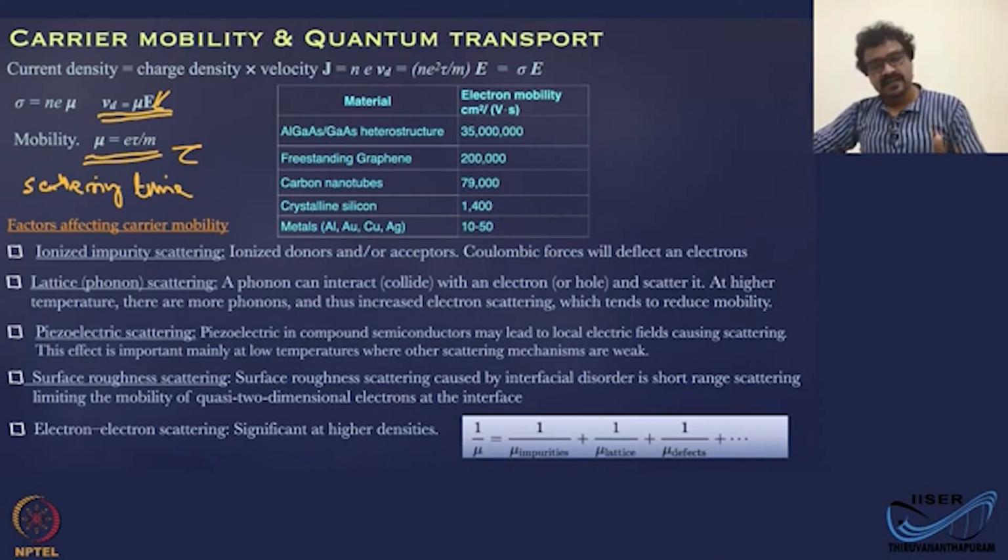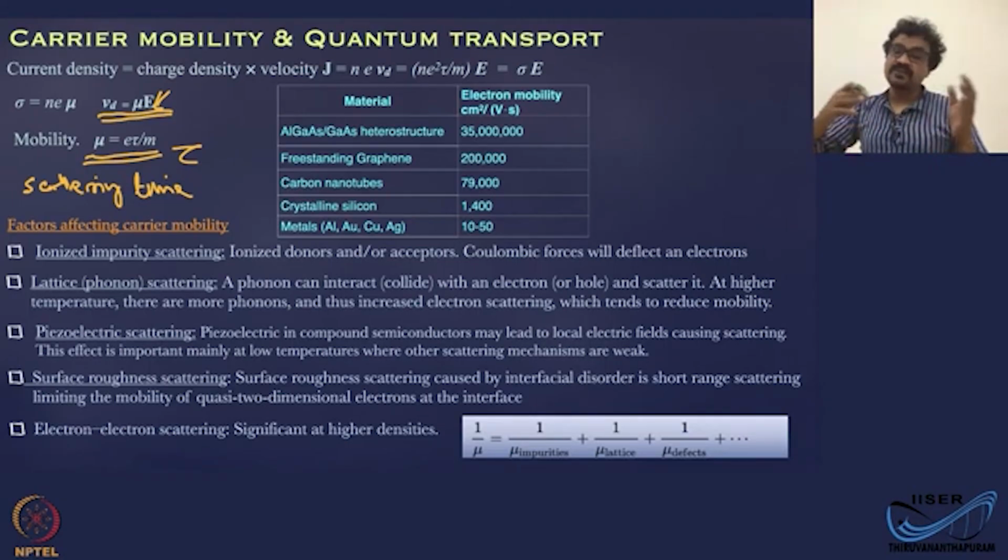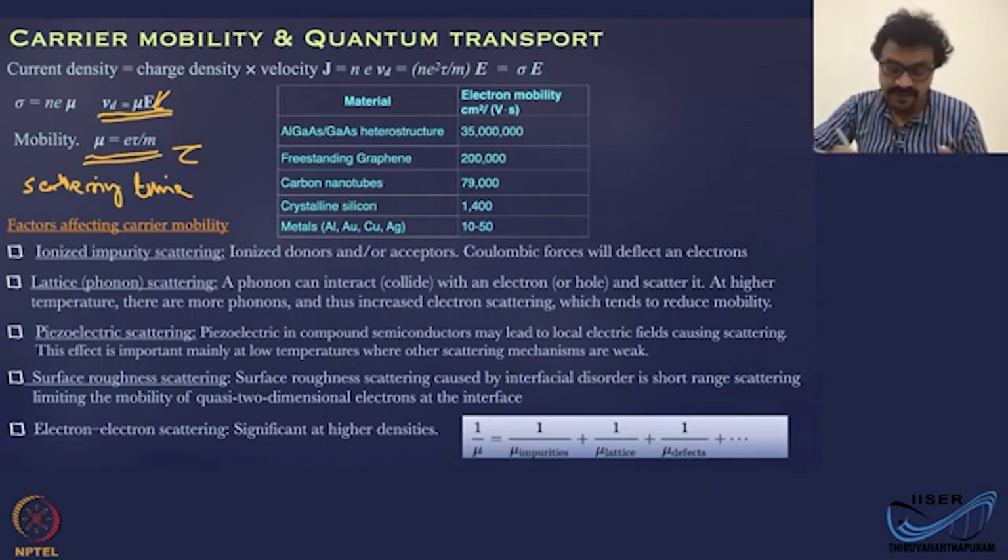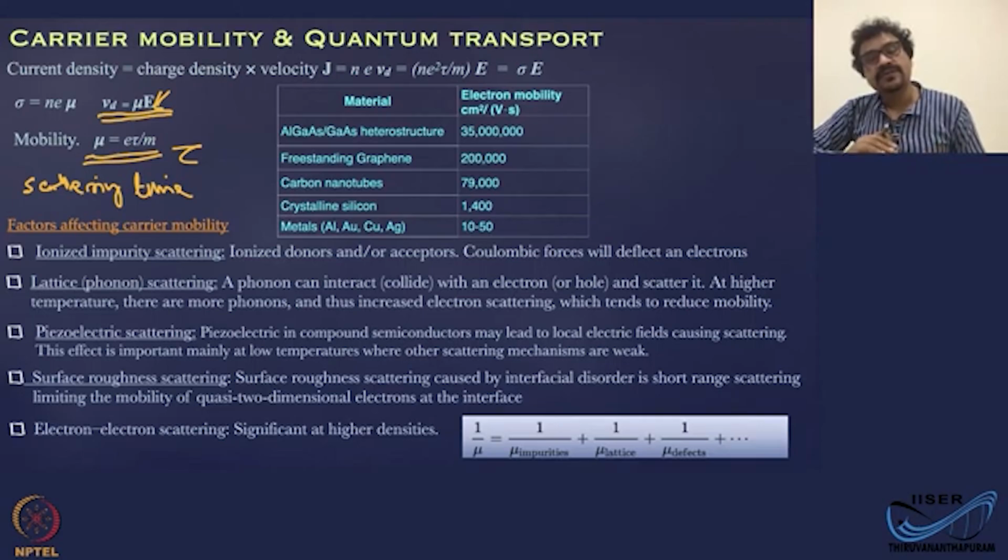So less the number of scattering events, more the scattering time. Scattering time is the time between two scattering events, and more the mobility. So the mobility killer is the scattering time.